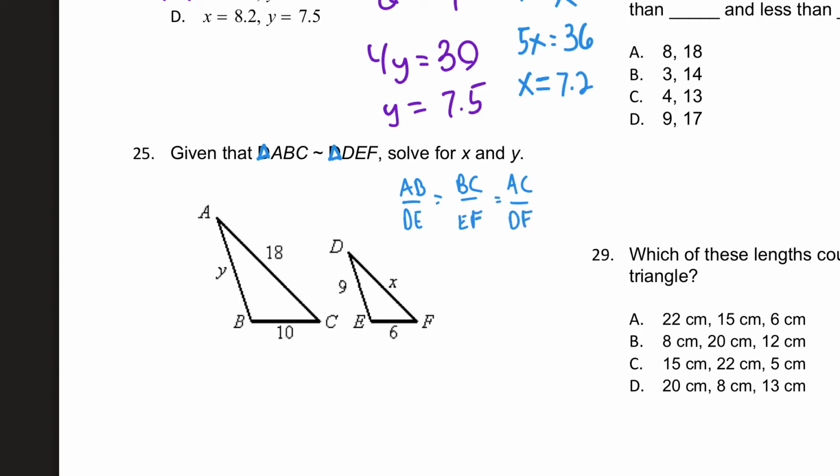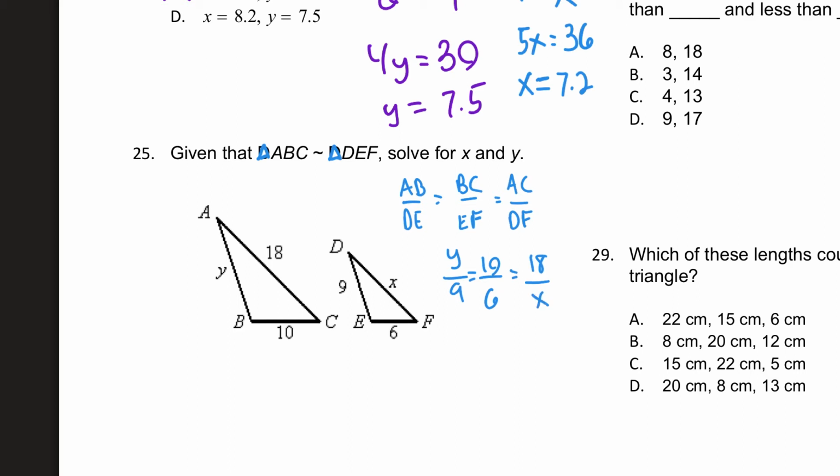And those all equal each other because we know they're similar figures. And so now I can substitute AB is Y, DE is 9, BC is 10, EF is 6, and that equals AC, which is 18 over DF, which is X.